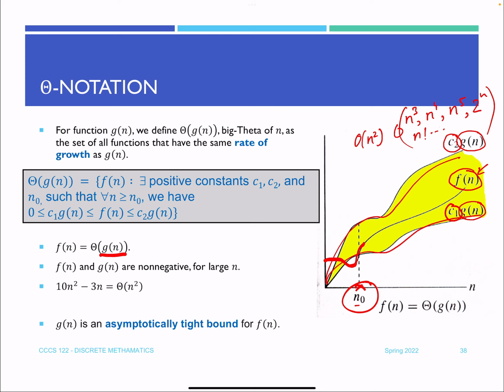So, for example, we have a function f that is 10n squared minus 3n. We can say that it is big theta of n squared.